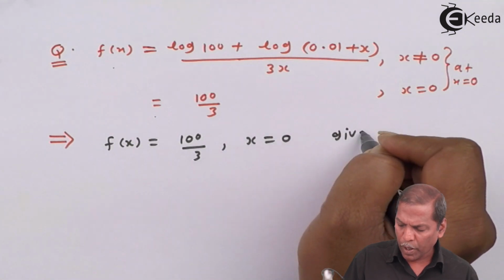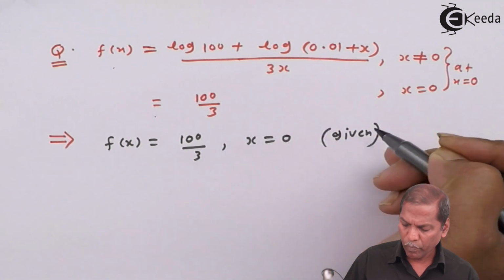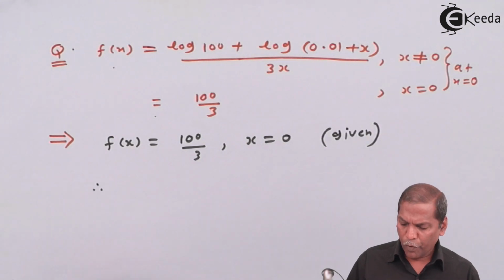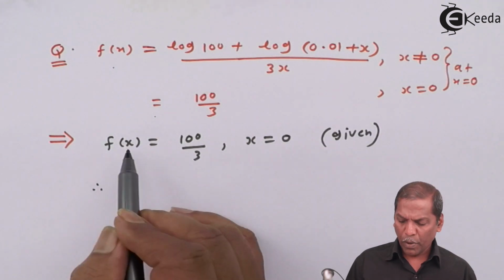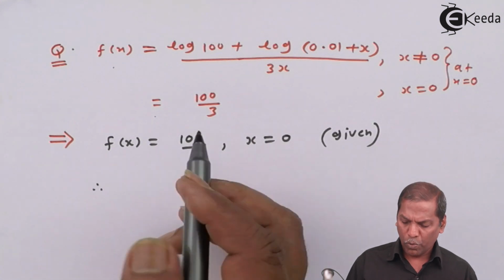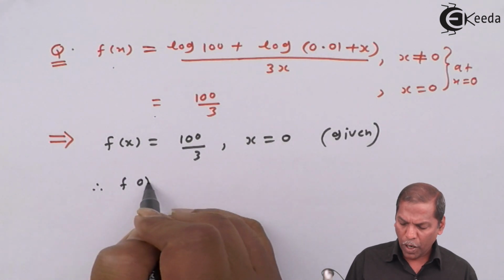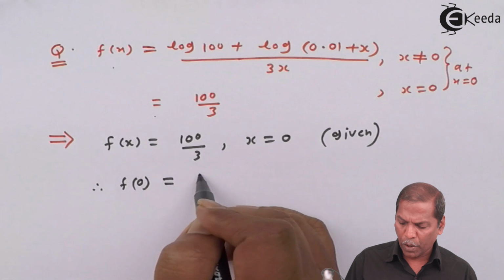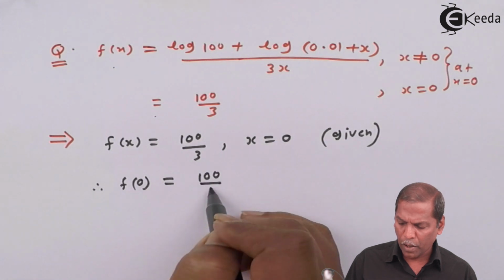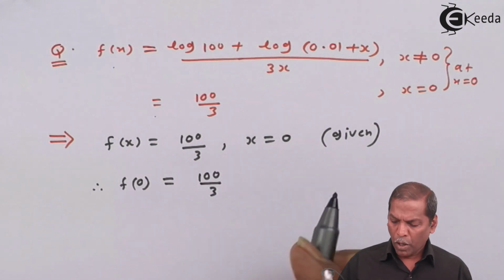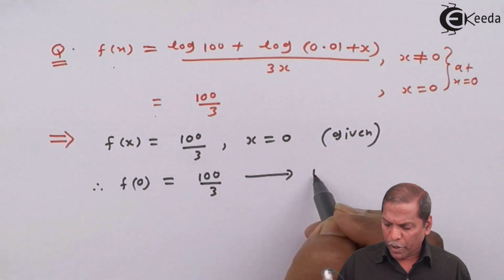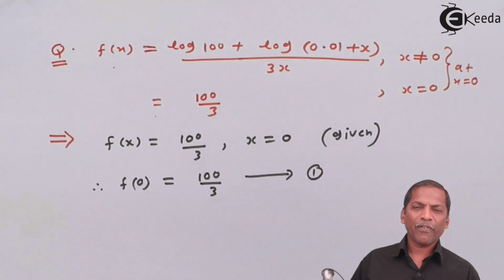That is given. Therefore, now for x we have to substitute 0. So therefore, f of 0 is equal to 100 upon 3. Let us denote this as equation 1.